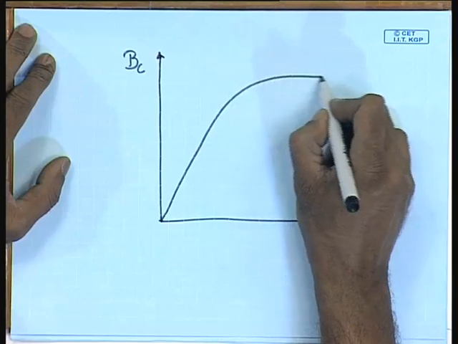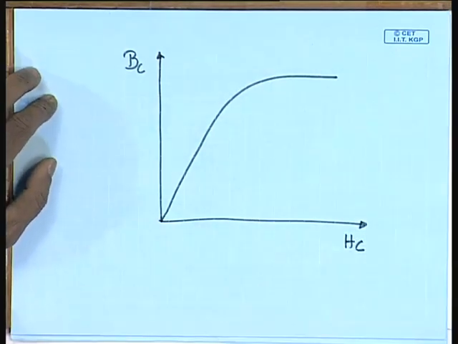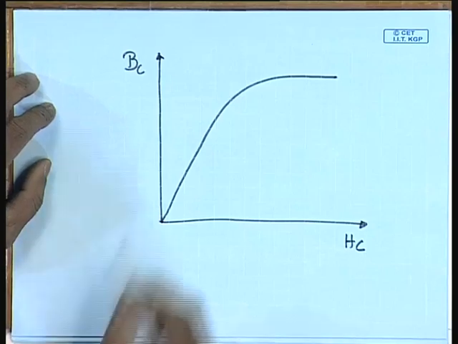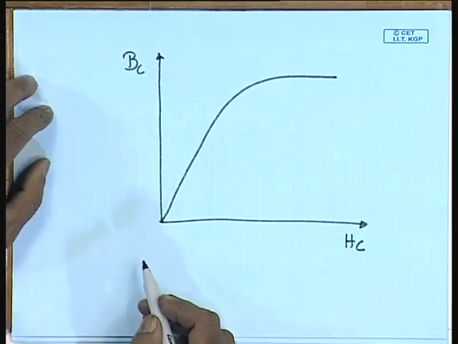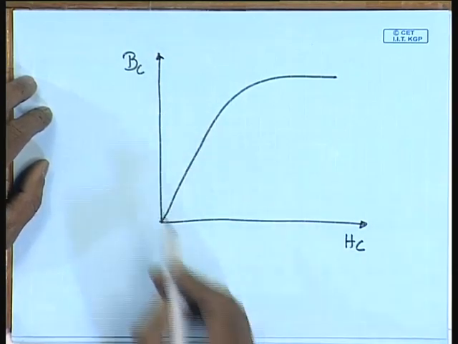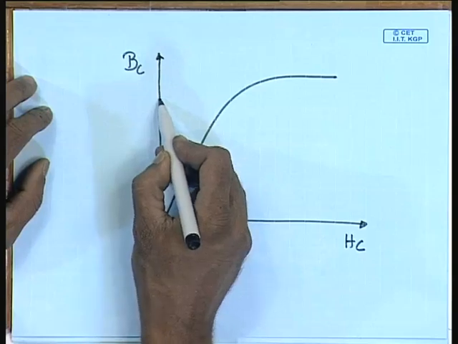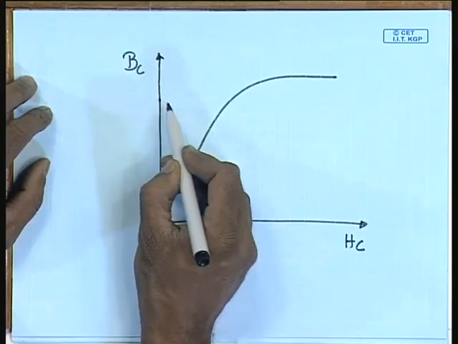This is the intrinsic BH characteristic of the material, and the other one given by the circuit can be considered as a magnetic load line.